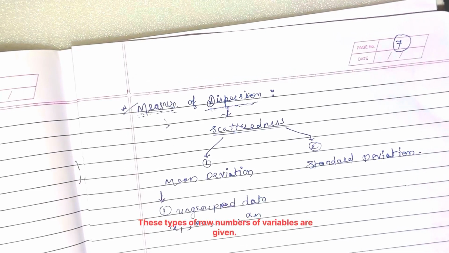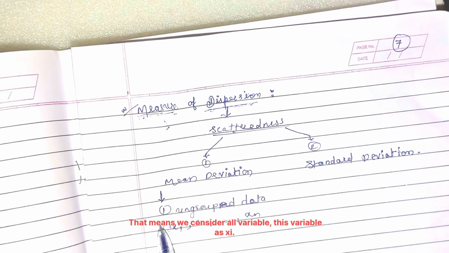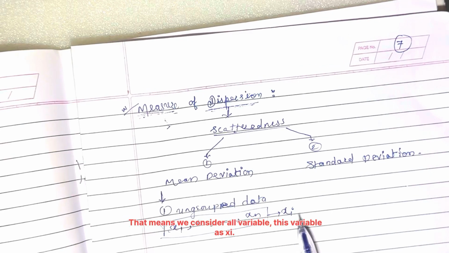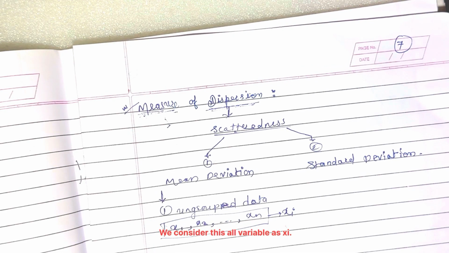These types of raw variables are given, and we consider all these variables as xi.